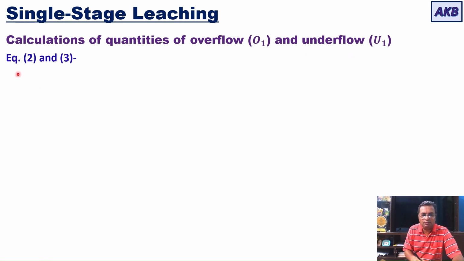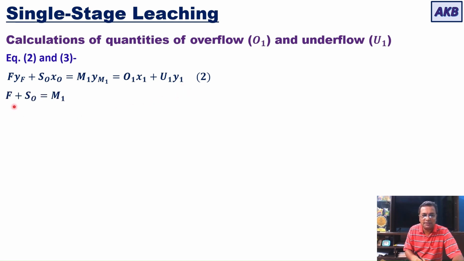For that, we are going to use equations 2 and 3. Equation 2 is F into YF plus S0 into X0, that is equal to M1 into YM1, that is equal to O1 into X1 plus U1 into Y1. This is equation 2. And equation 3 is F plus S0, that is equal to M1, that is equal to O1 plus U1.